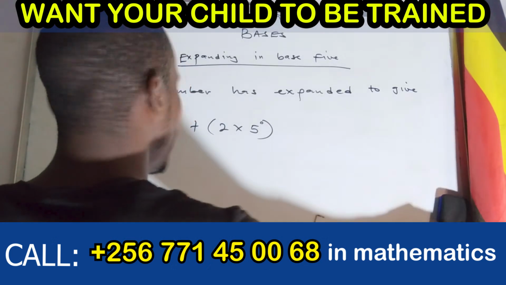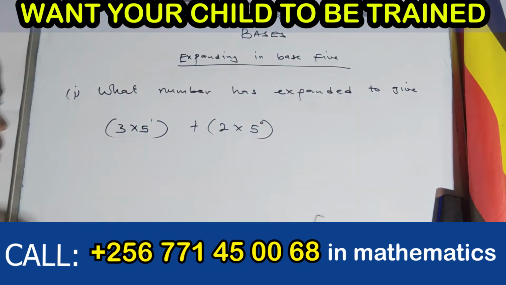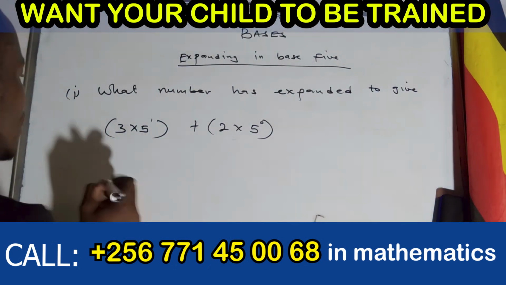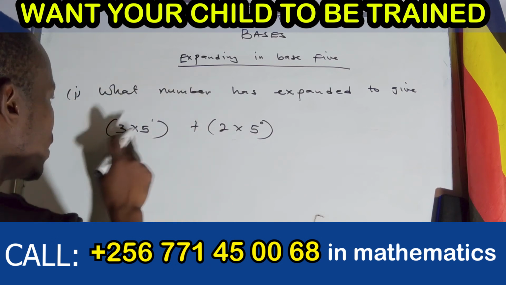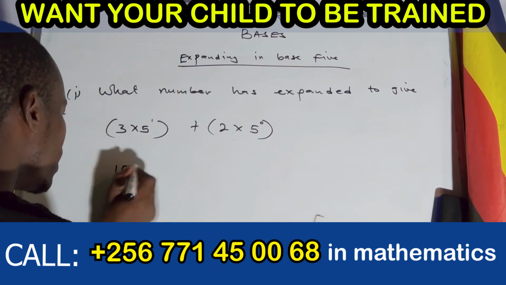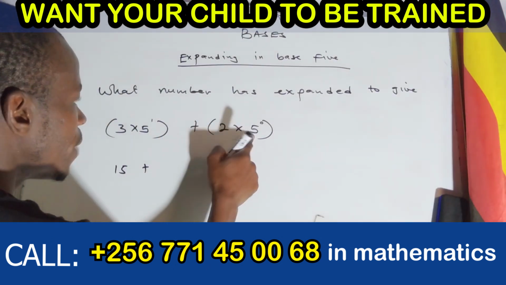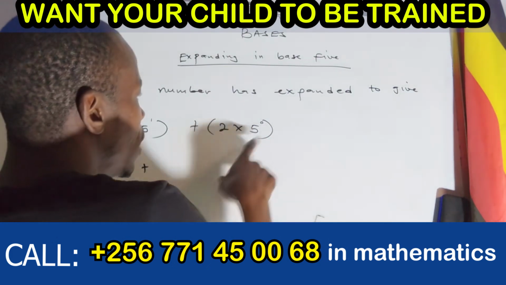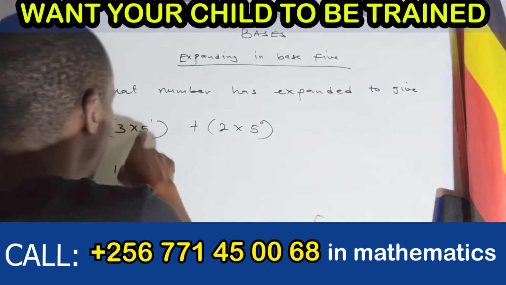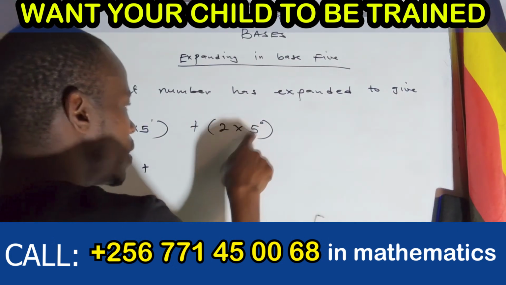So look how I'm going to work this number. This is a very simple number. So we are multiplying here directly. You're going to multiply 3 times 5, you get 15, plus 2 times 5. So here look. Here 5 is powered by 1.